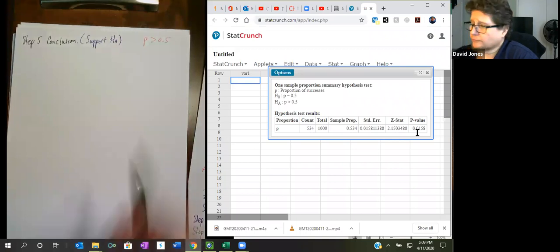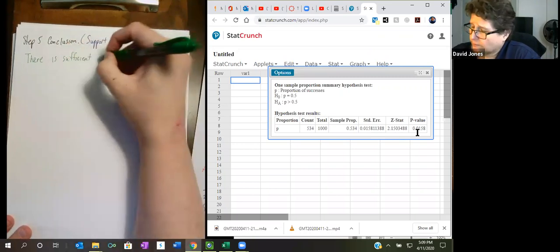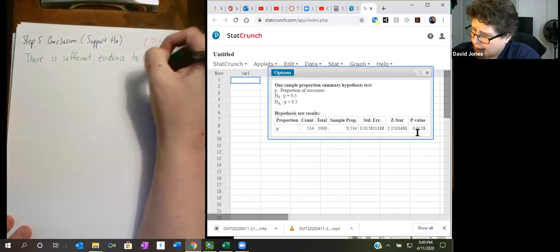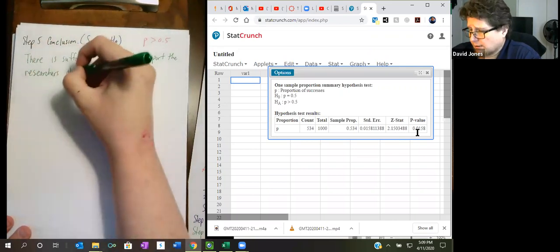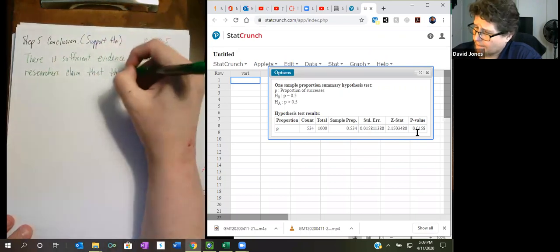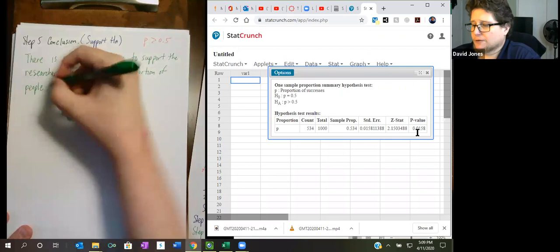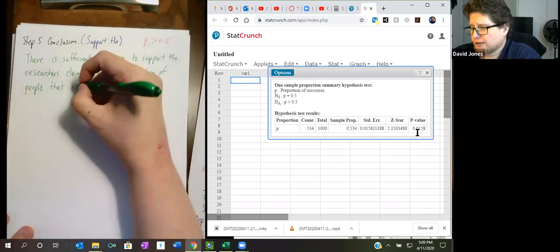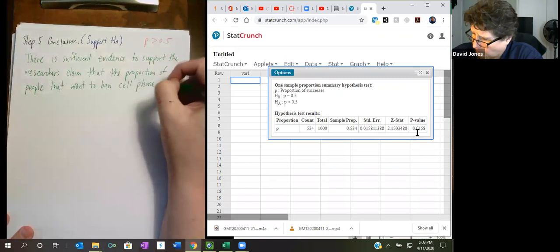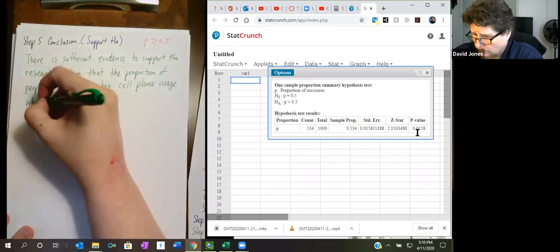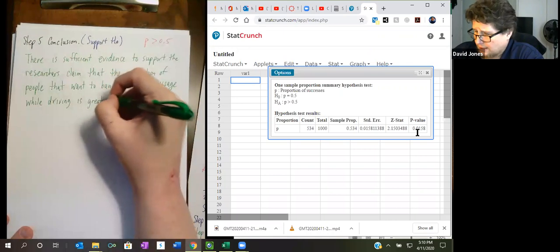So what am I going to say? There is sufficient evidence to support the researcher's claim that the proportion of people that want to ban cell phone usage while driving is greater than 50%.